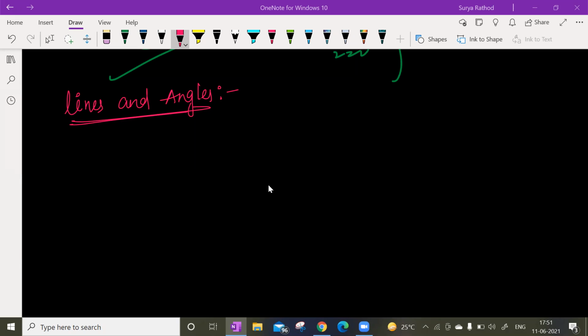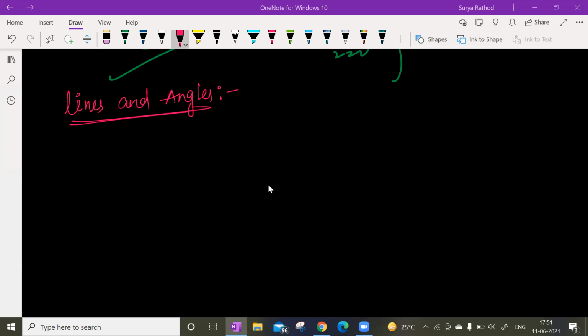A line segment is a part of a line. An angle is made up of two rays which have a common endpoint. Great, very good.